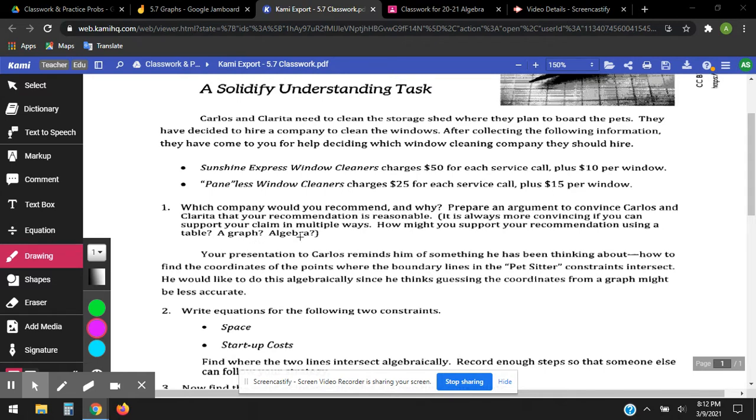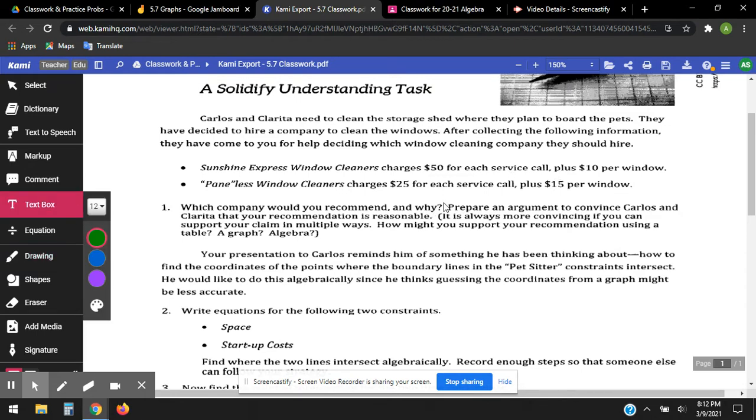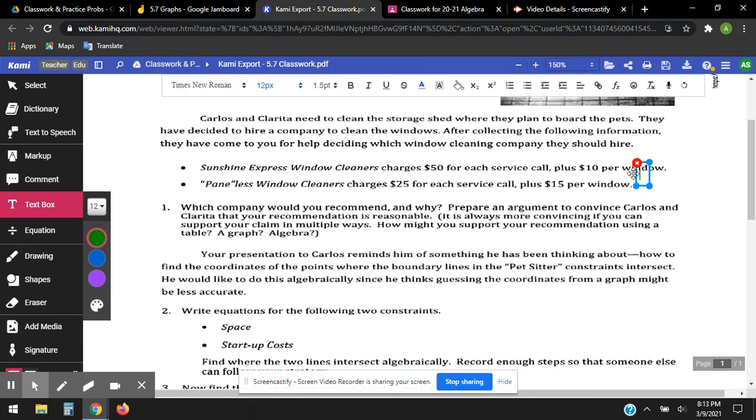I'm going to start with an equation because I like to work with equations. First, let's figure out $50 for each service call plus $10 per window. To me, that looks like y equals 50 for them to show up plus 10 for every window, or x, they are going to do. So that's this one's equation.